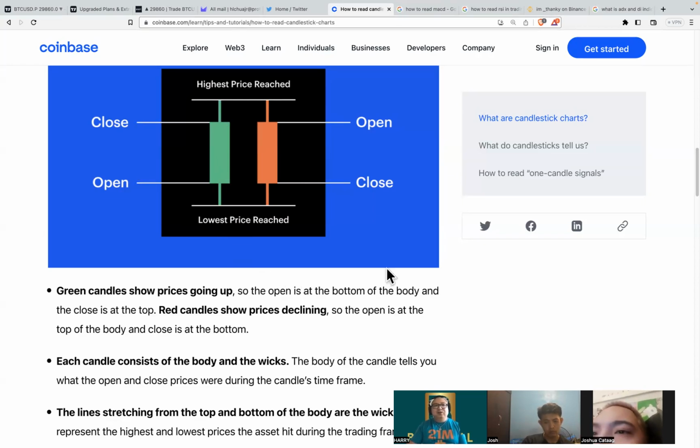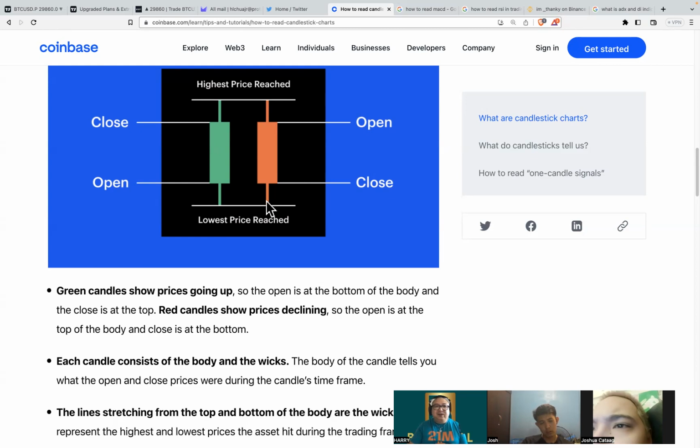Okay? So kung ang red naman baligtad. Kung red. So nag-start siya dito, yung price dito sa taas. Tapos let's say the buyers started coming in. But the sellers, kasi may mga wick sa taas, the sellers started selling and then all the way down here.